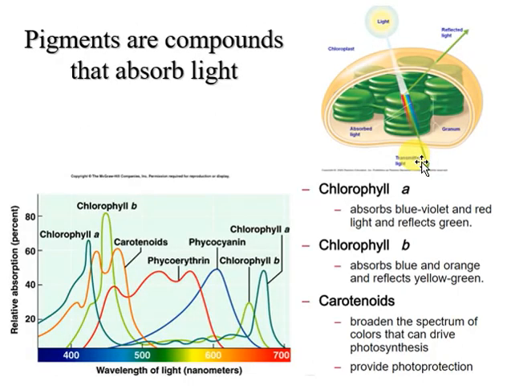So that slight structural difference allows them to have differences in their absorption. So it allows them to absorb wavelengths of light at different regions of the spectra.